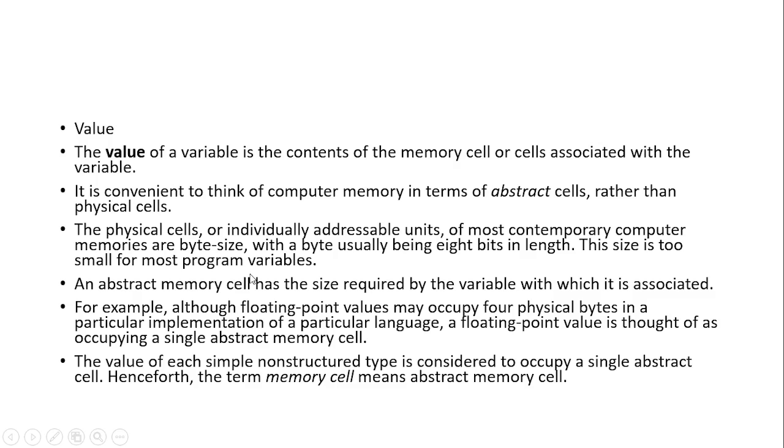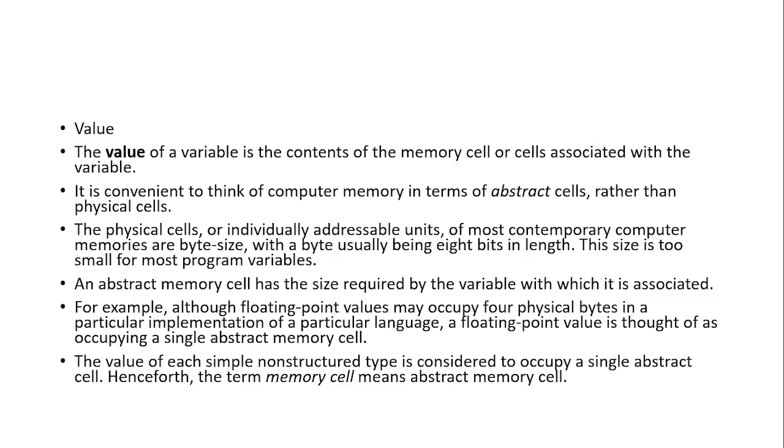And we have value. The value of a variable is the contents of the memory cell or cells associated with the variable. It is convenient to think of computer memory in terms of abstract cells rather than physical cells. The physical cells, the individually addressable units of most contemporary computer memories, are byte size, with a byte usually being 8 bits in length.